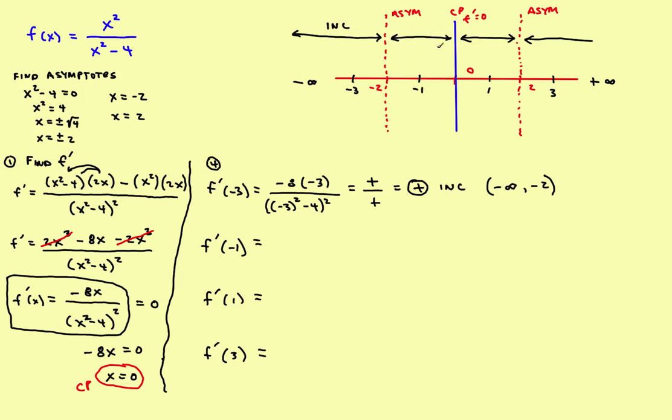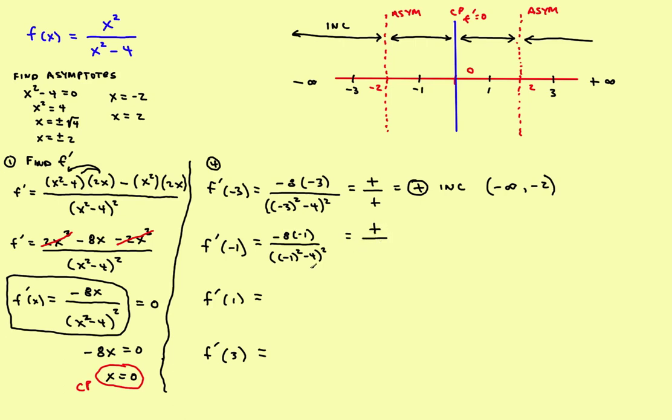Now let's find out what's going on in this interval right here. This time plug in a -1. So I've got a -8, and I'll plug in a -1 divided by, in parentheses, -1 squared minus 4, the whole thing squared. Now again, in the top you've got a negative times a negative, which turns into a positive.